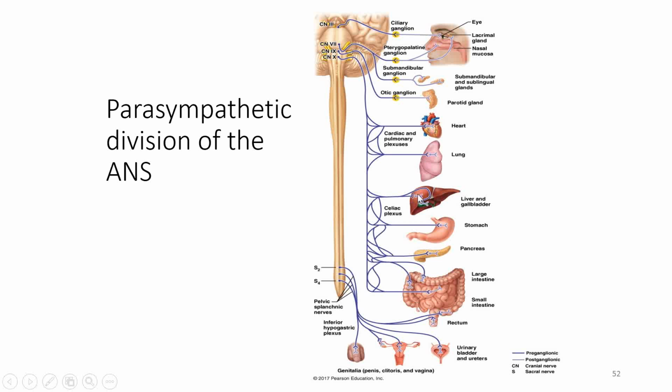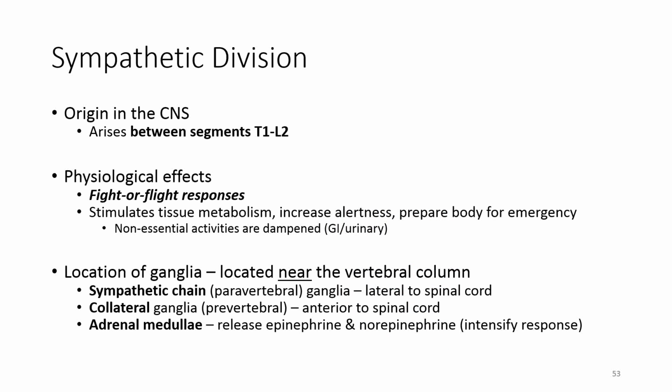So you can see right there. Again, they can synapse really close to the effector organs, like we see up here. They synapse really close to the organ, or they can actually synapse directly on top of the organ or within the organ. So that's the parasympathetic division.